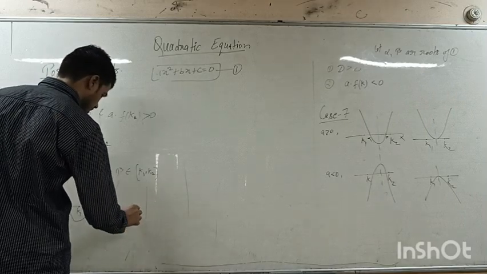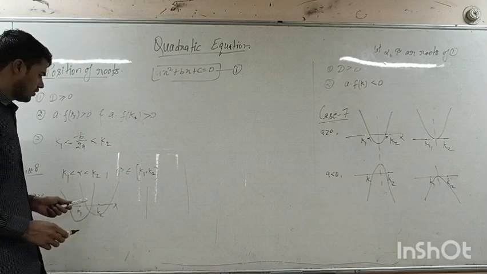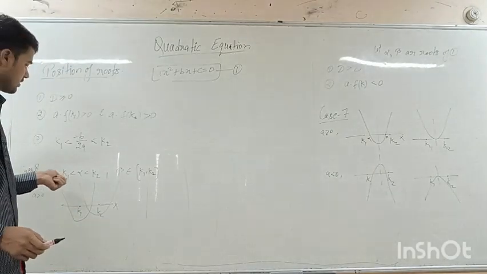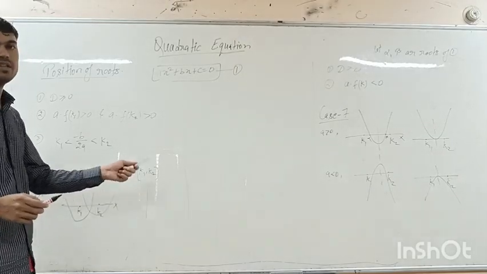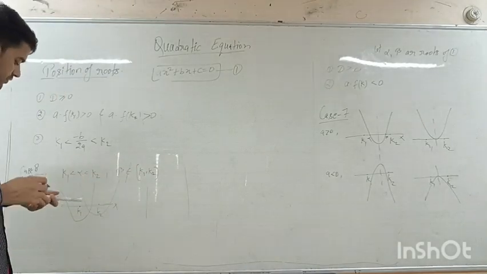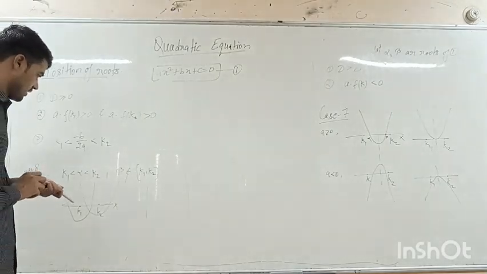or if the roots will not be the same, because we strictly say that alpha is in between k1 and k2 and beta does not belong to k1 k2. So the roots will be different also.